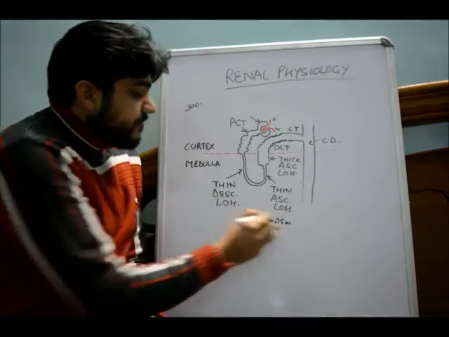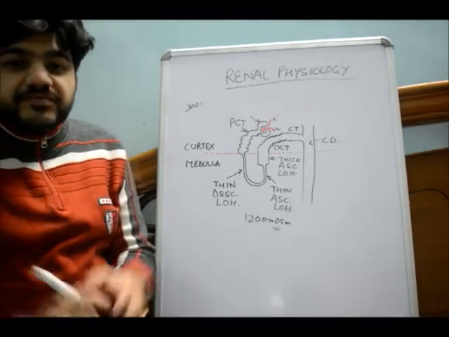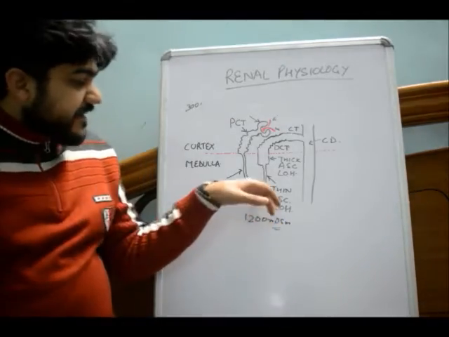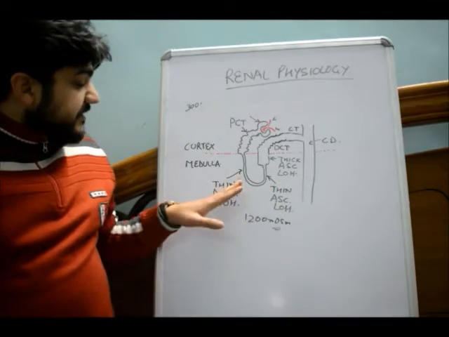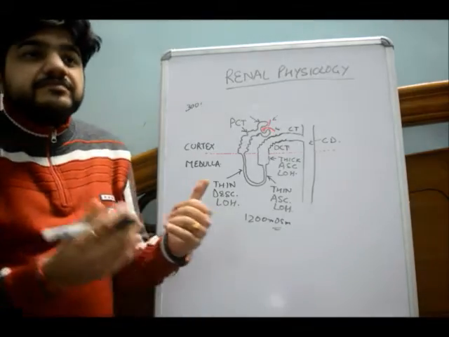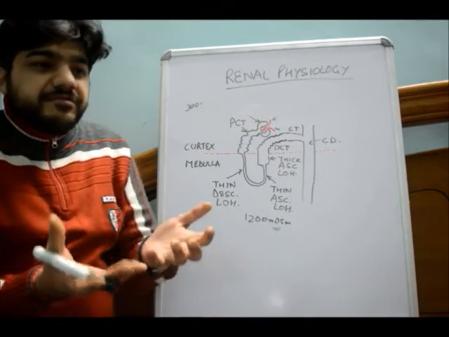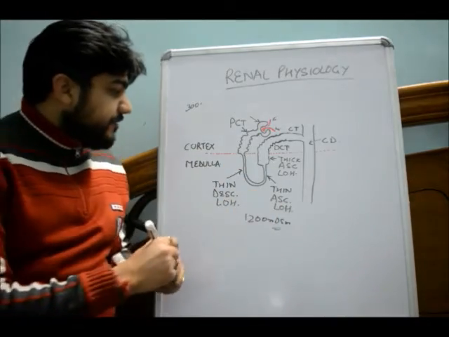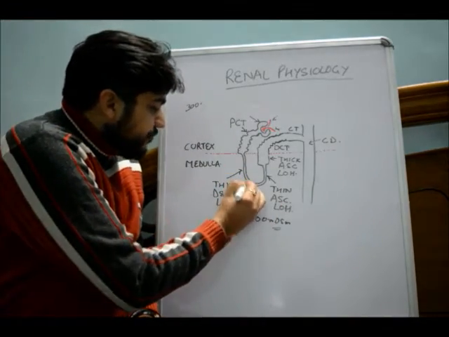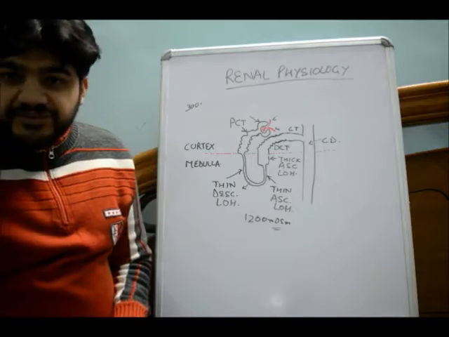So there are a lot of extra electrolytes and less water, which is why it becomes more concentrated. And since the thin descending limb is freely permeable to water, you can expect that water will move out of this segment into the medullary interstitium.